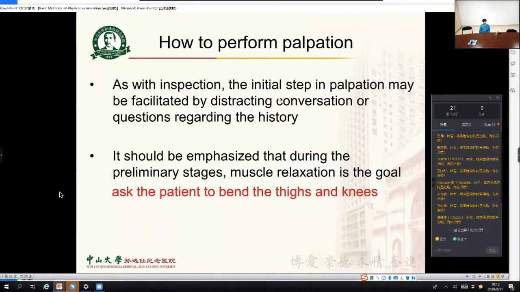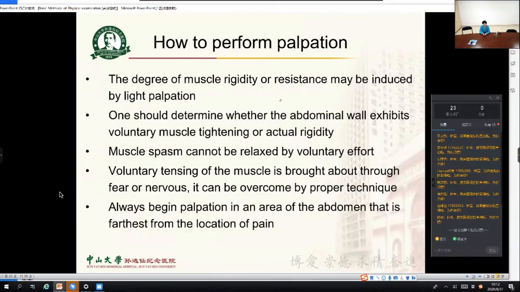It should be emphasized that during the preliminary stages, muscle relaxation is the goal. So ask the patient to bend the thighs and knees so that they can relax the abdominal muscles. The degree of muscle rigidity or resistance may be induced by light palpation.